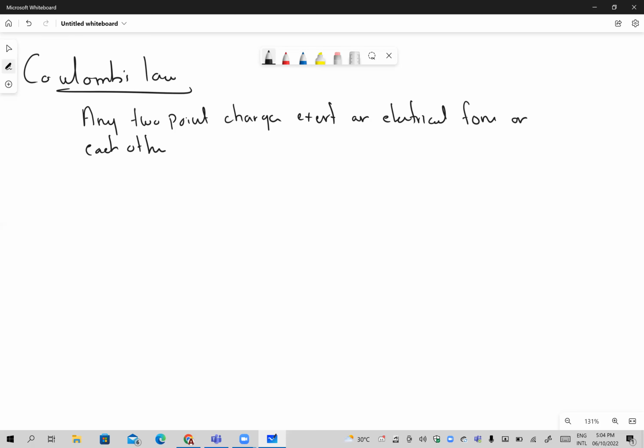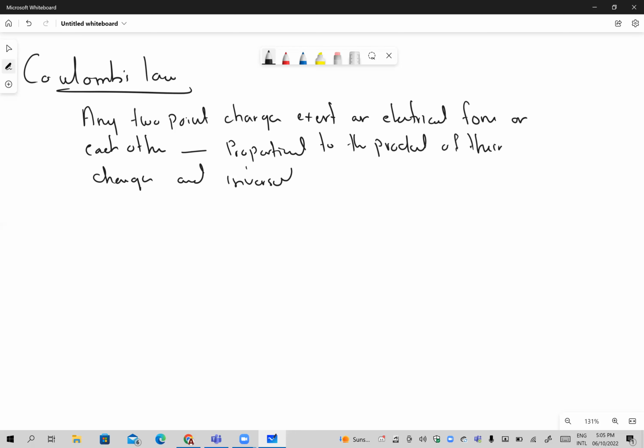and that force has to be proportional to the product of the charges, and inversely proportional to the square of separation between them.